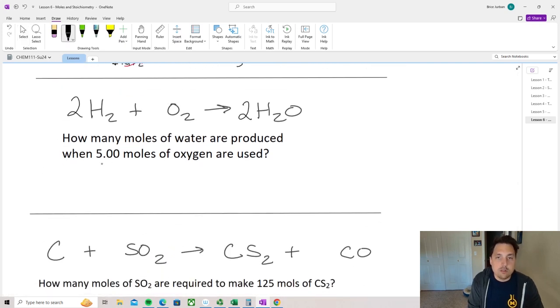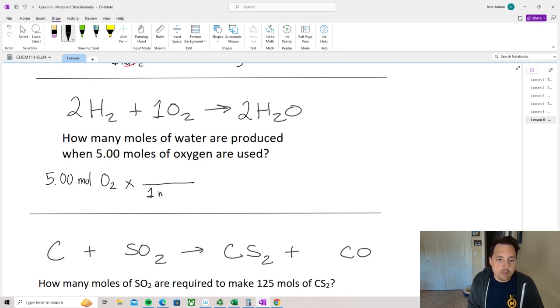So we need to understand what's being asked. We're starting with 5 moles of oxygen. We always start with the one that we have a value, like a quantity for. And we want to know how many moles of water are produced if we have this many moles of oxygen. Well, we just take the coefficient that's kind of hidden there.